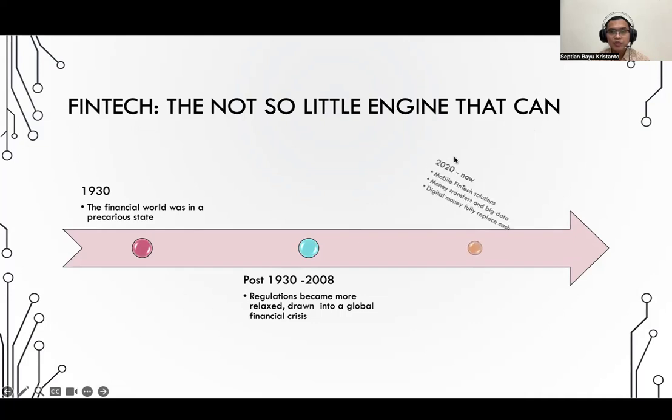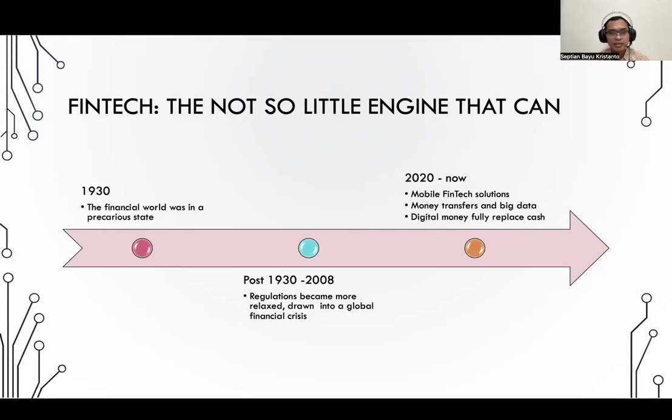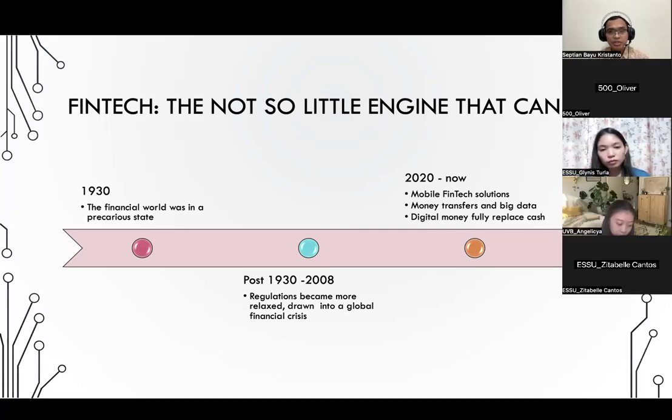And in the next movement, we enter the digital era. It starts in 2020. We have lots of financial technology products. So we can explore mobile fintech solutions, or you can find money transfer using big data, and digital money that can replace cash activity. They become digital money.